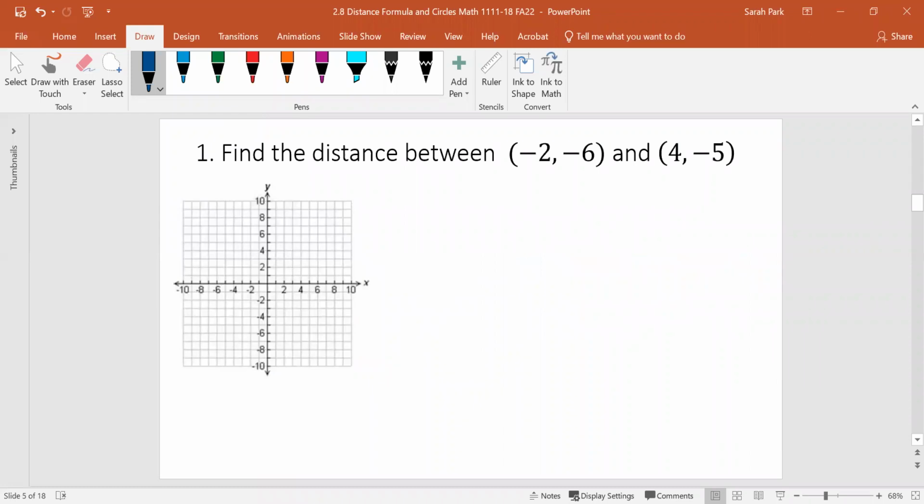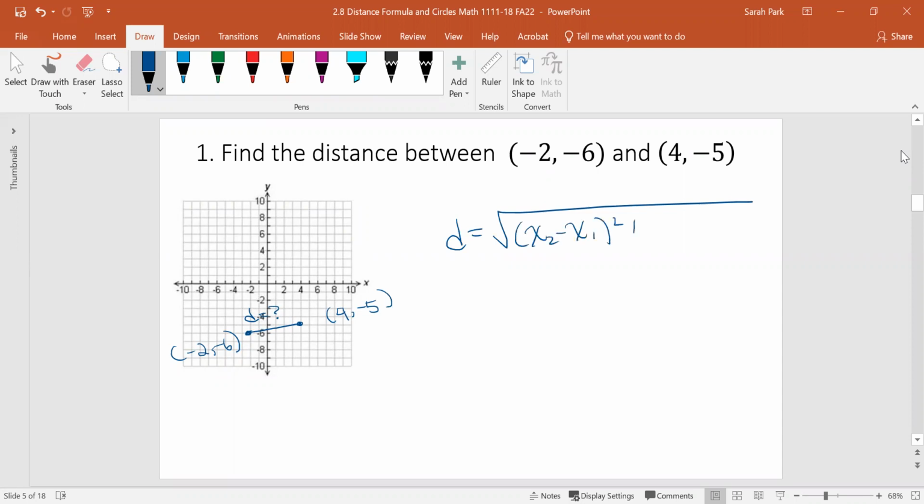Okay, let's do some practice finding the distance between these 2 points, -2, -6, which is located right there, and 4, -5. So we're trying to see how long this length is, which we're calling d. Using the distance formula, let's rewrite the formula: x2 minus x1 squared plus y2 minus y1 squared.